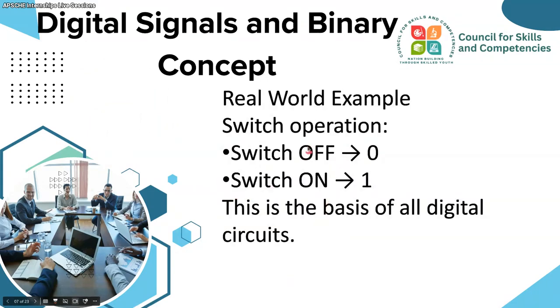The real world example: whenever we operate a switch, 0 indicates off and 1 indicates on. This is the basics of all digital circuits. When the switch is off, it is 0. When the switch is on, it is 1. That is the idea.